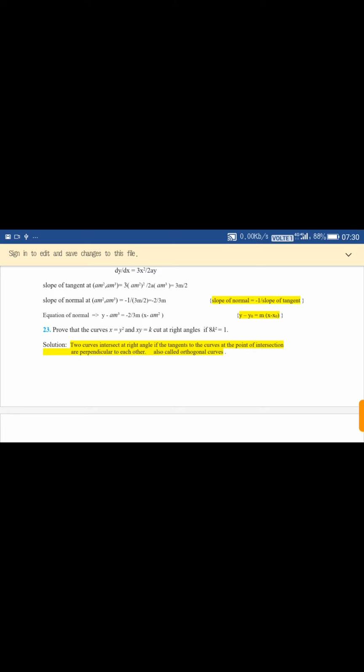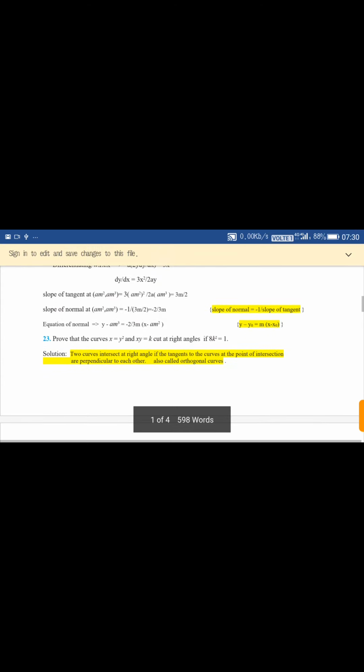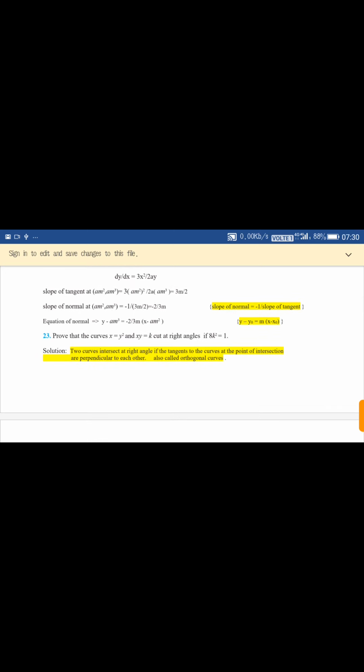But the point is (am², am³). So put the value of x as am² and the value of y as am³. So it becomes 3(am²)²/(2a·am³).